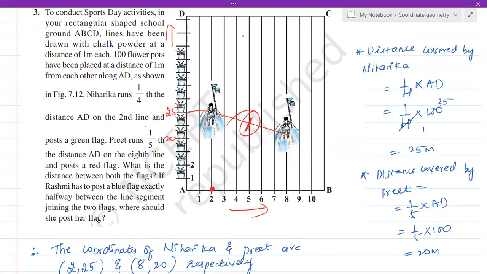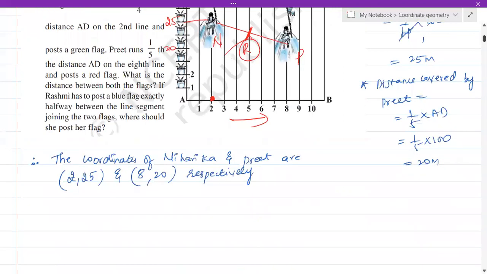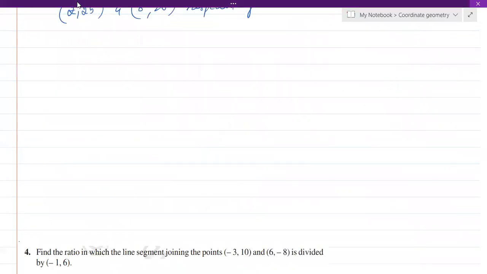Since she has to place the flag exactly in the middle, this point is acting like a midpoint. This is Rashmi, so let's take it as R. Niharika is N and P. We have to find the coordinates of R. Since it is exactly the middle, we'll be using the midpoint formula.